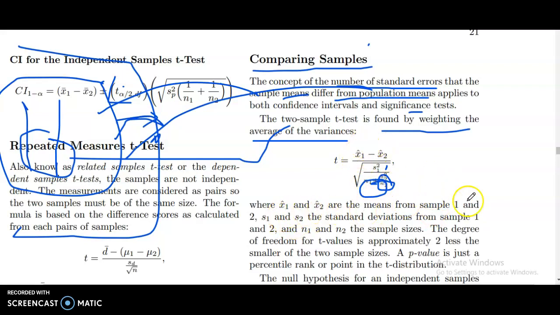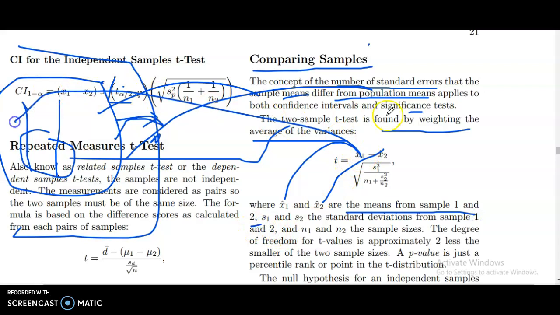Here x1 cap and x2 cap are the means from sample 1 and 2, the sample 1 mean and sample 2 mean. S1 and S2 are the standard deviations from sample 1 and 2.